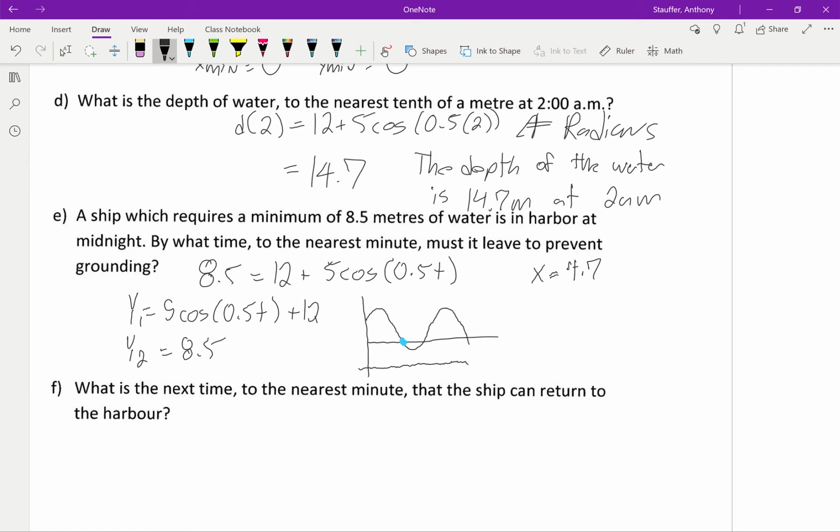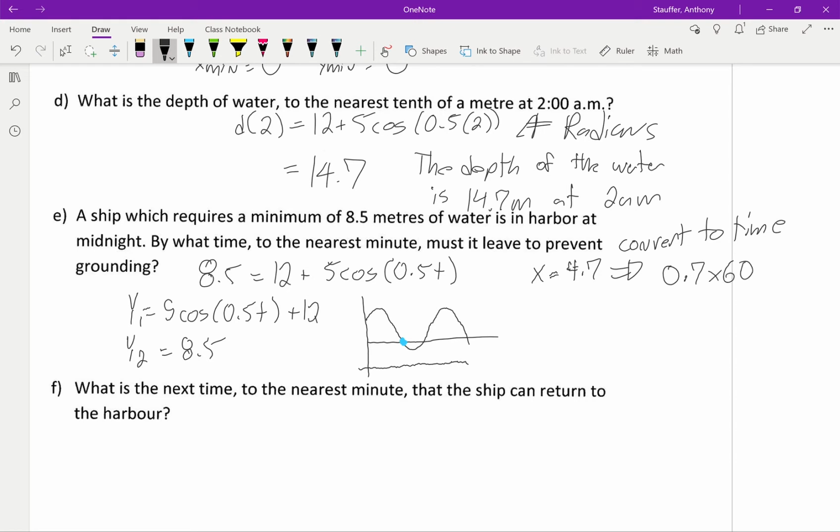Problem is, this 4.7 represents the x value. It's not necessarily time. So I have to convert to time. And what the 4.7 means is it's 4 a.m. and then we have 0.7 of an hour.